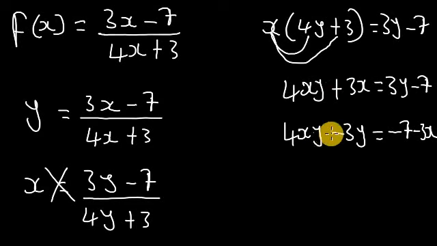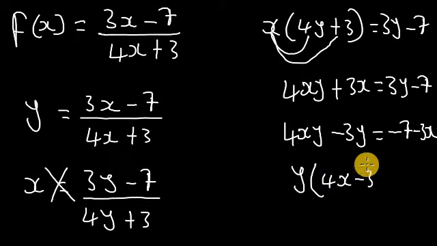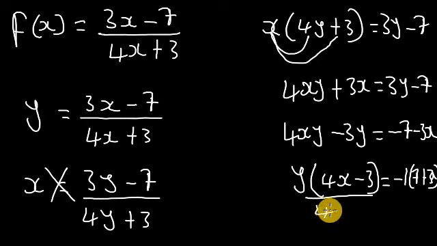Now, what I'm going to do next is to take y as the common factor. So I'm going to bring y outside and I'm going to be left with 4x minus 3 equals. I'm going to take out a negative 1 as a common factor here as well, and I have 7 plus 3x. Let me adjust it a little bit. So finally, I will divide both sides by 4x minus 3.